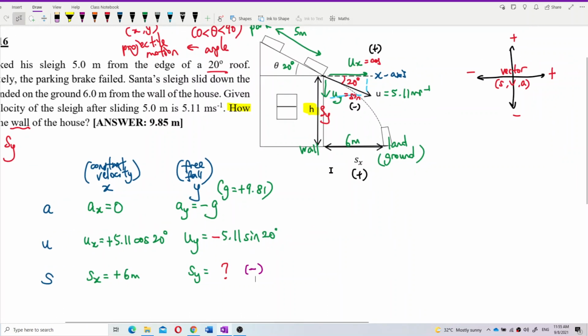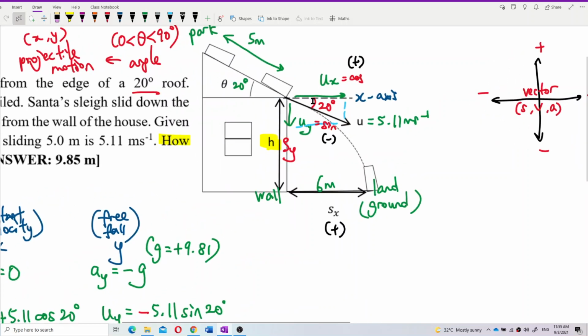Why do I say that? Look carefully. From here going down to over here, this is the initial point, or we call it the origin, the original level. This is the final point.